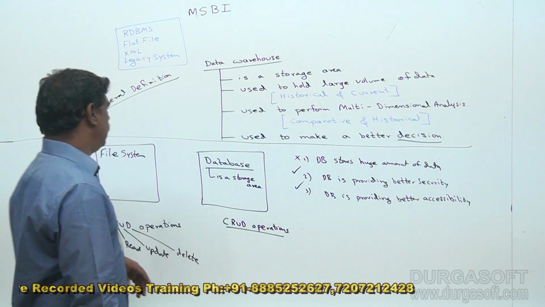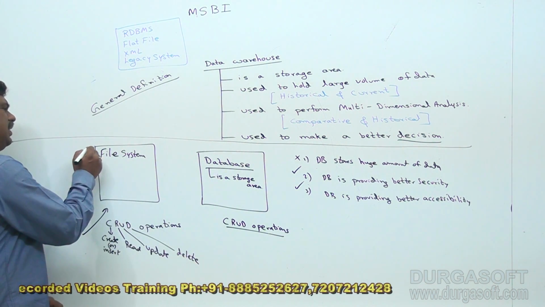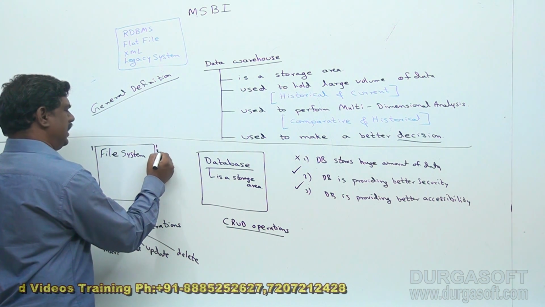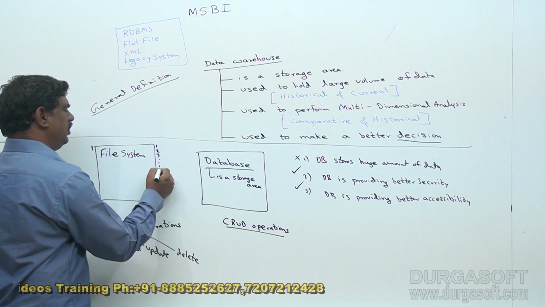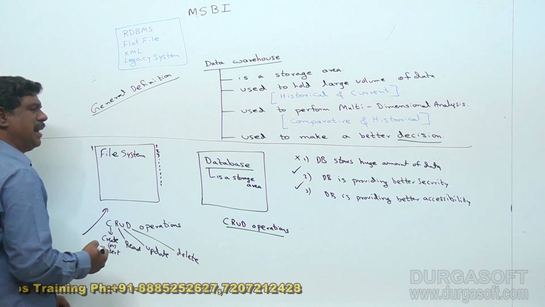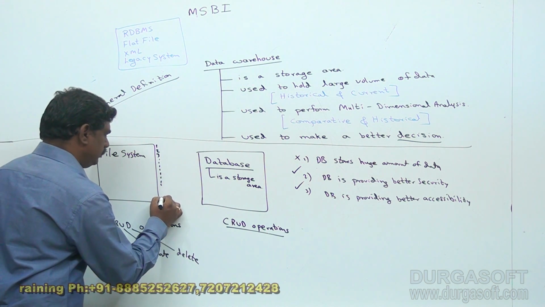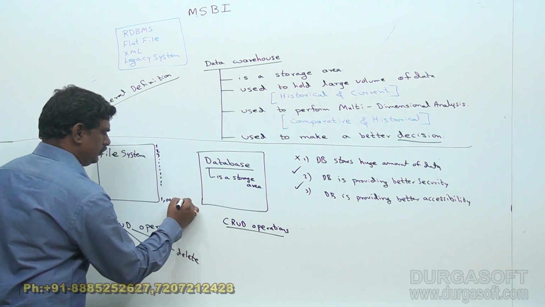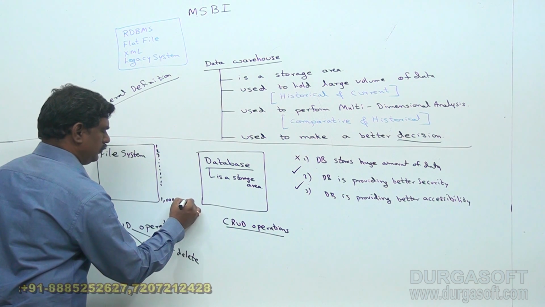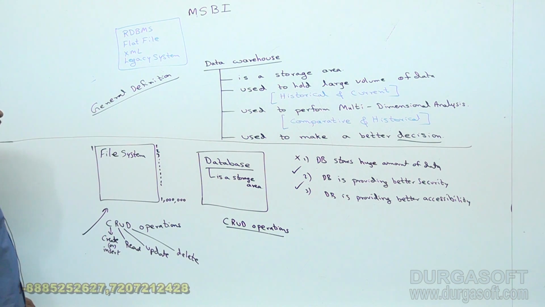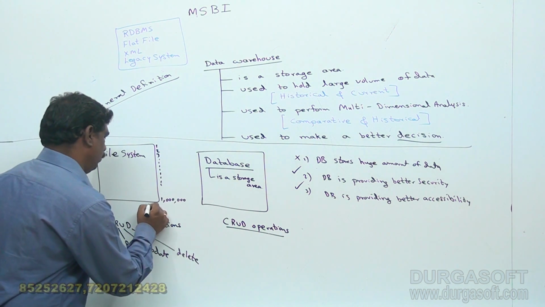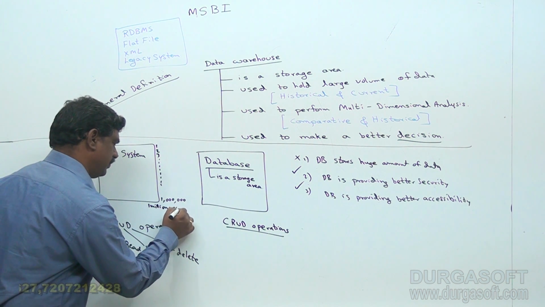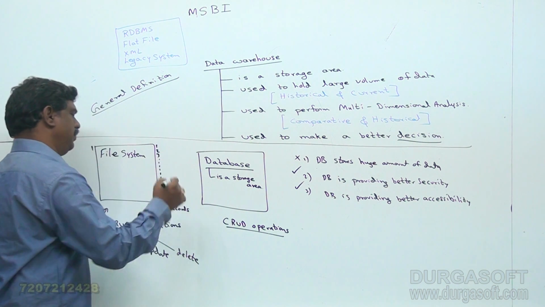Now, for example, if you are working with a file system, you have records like this: first record, second record, third record. Like this it consists of approximately 1 million records present in the file system.